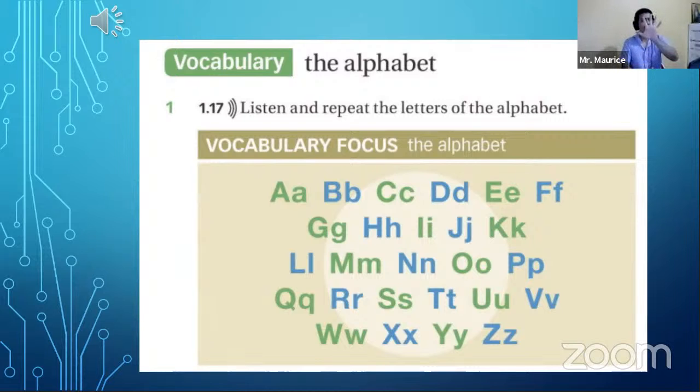Can you spell the 5 vowels? Who can help me? Vowels means vocales. Try to understand. I need somebody to help me to spell the 5 vowels in English. Anyone?